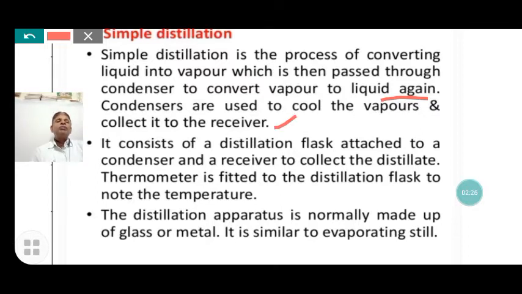It consists of a distillation flask attached to a condenser and a receiver to collect the distillate. A thermometer is fitted to the distillation flask to note the temperature. The distillation apparatus is normally made of glass or metal. It is similar to the evaporating still method.